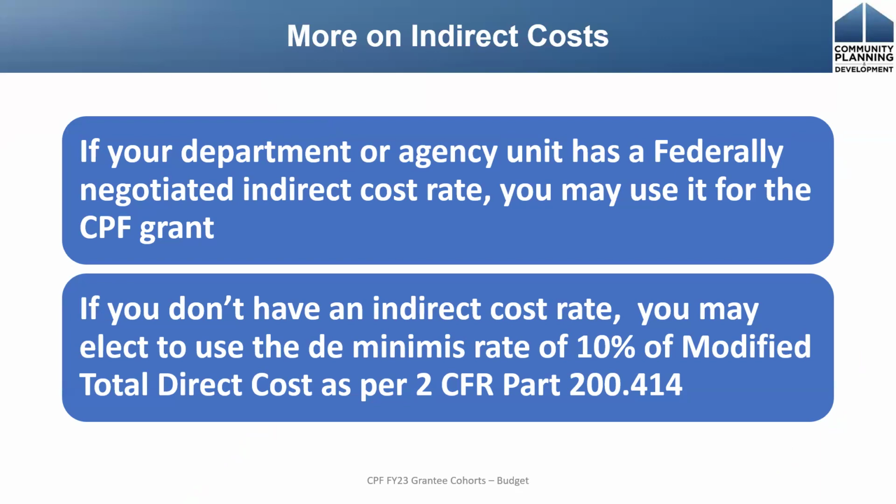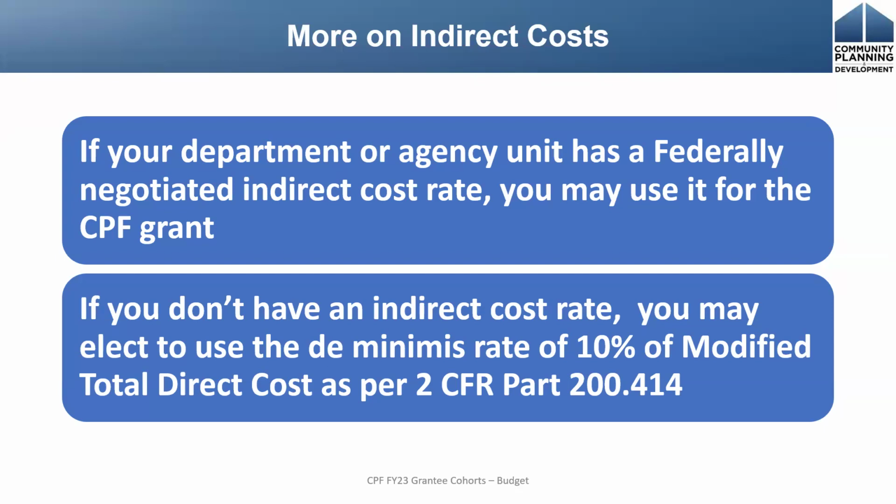If you don't have an indirect cost rate, you may elect to use what's called the de minimis rate, which is 10% of almost your entire grant. There are some things that are pulled out, listed specifically in 2 CFR Part 200.414, but it's 10% of your modified total direct cost.